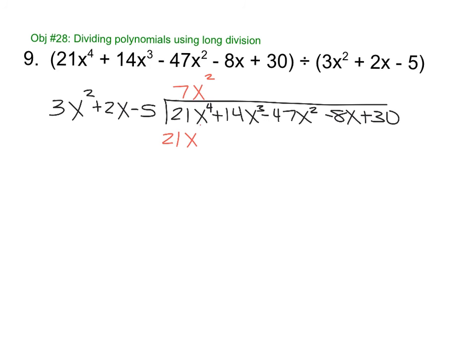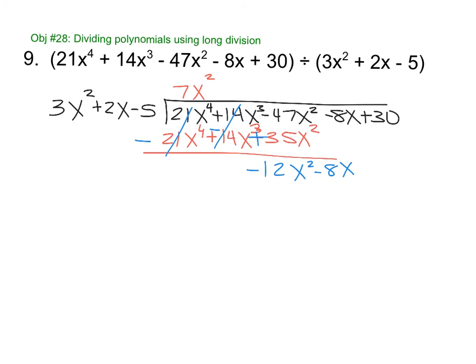Distribute. Ooh, lots of stuff's gonna cancel here. It's a 3 minus 35x squared. Change the sign. Cancels. So this gives me negative 12x squared minus 8x plus 30.